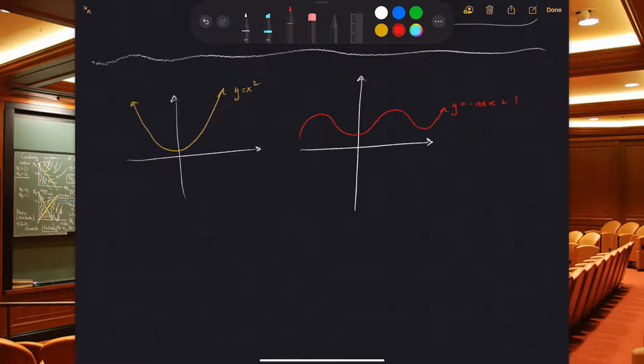So you don't need to know what these are, but the idea of these functions changing over time or per unit of the input is what makes them interesting and is what makes them align to things that we want to model. Right? So the fact that this oscillates means it's not going to model something that's steadily increasing.